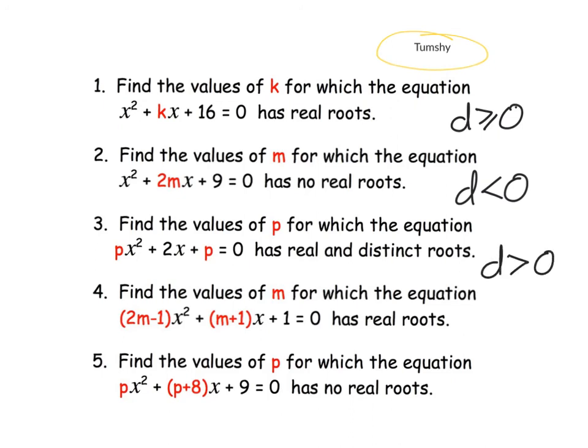It wants just two distinct roots. Number 4 has real roots, greater than or equal to 0. And number 5, no real roots, less than 0. There are your hints. So you pick out the discriminant and then you form the inequality you want, and you've got your problem.